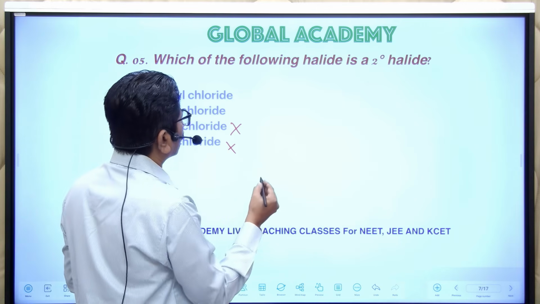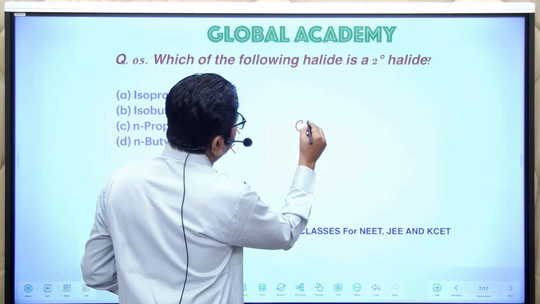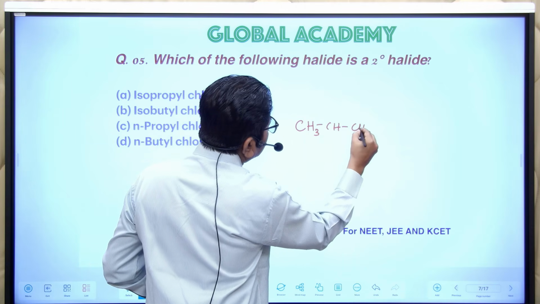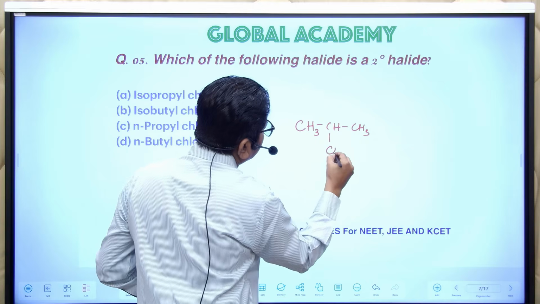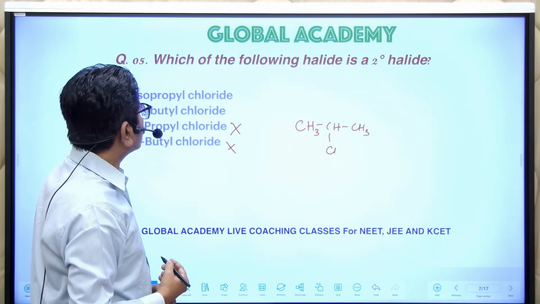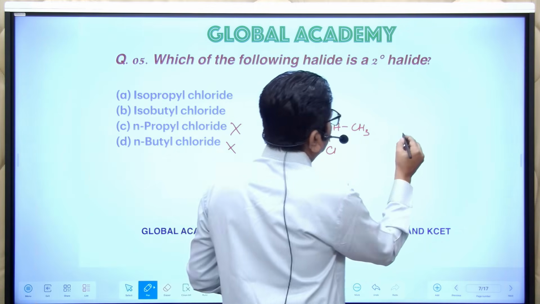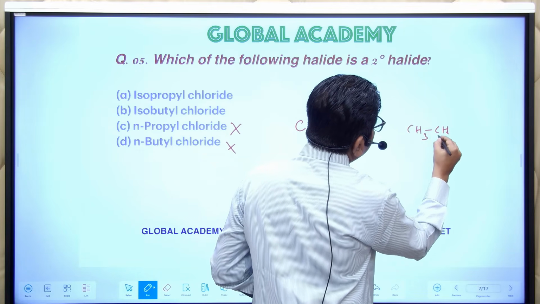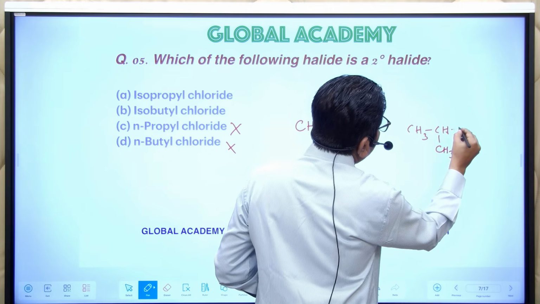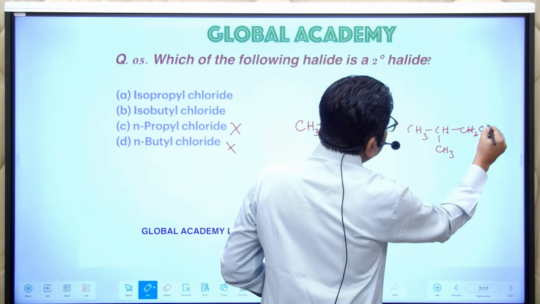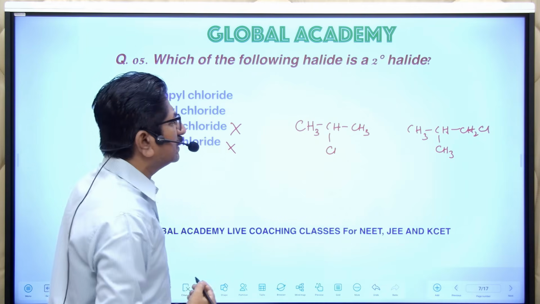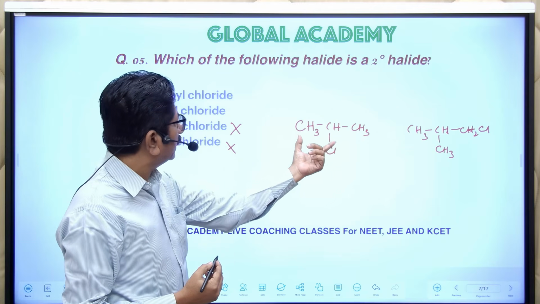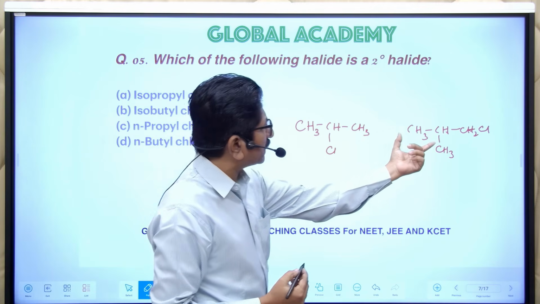First, isopropyl chloride is like this: CH3, CH, CH3, with Cl. Then isobutyl chloride is like this: CH3, CH, CH3, CH2, Cl.